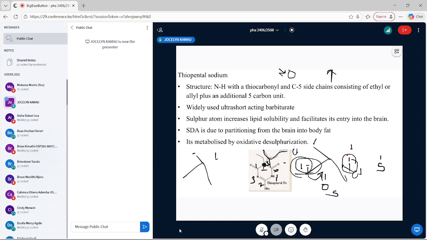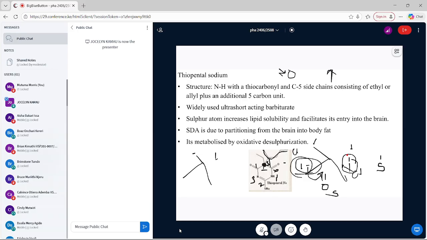Both cannot be substituted. Number two, the other point I want us to remember is that for barbiturates to have CNS activity, the two hydrogens at position number 5 must be replaced with appropriate aromatic, alkyl, or allyl substituents. They can be aromatic substituents, they can be alkyl substituents.